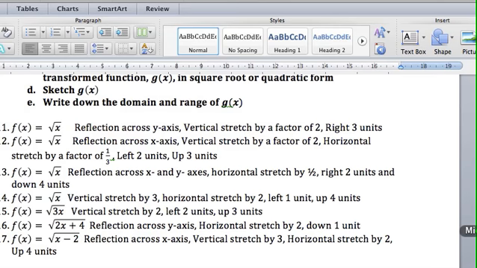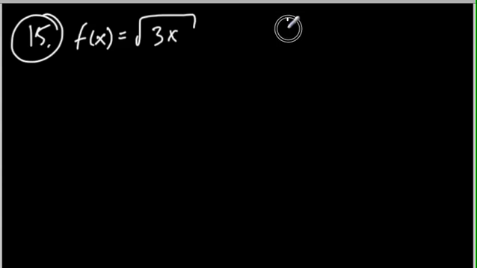Number 15. Let's go to number 15. The square root of 3x is the original function. Vertical stretch by 2, left 2, up 3. So f of x is something different this time. It's the square root of 3x. But if you graph this, the only thing that we really see is a horizontal stretch by 1/3. So that won't change the direction.